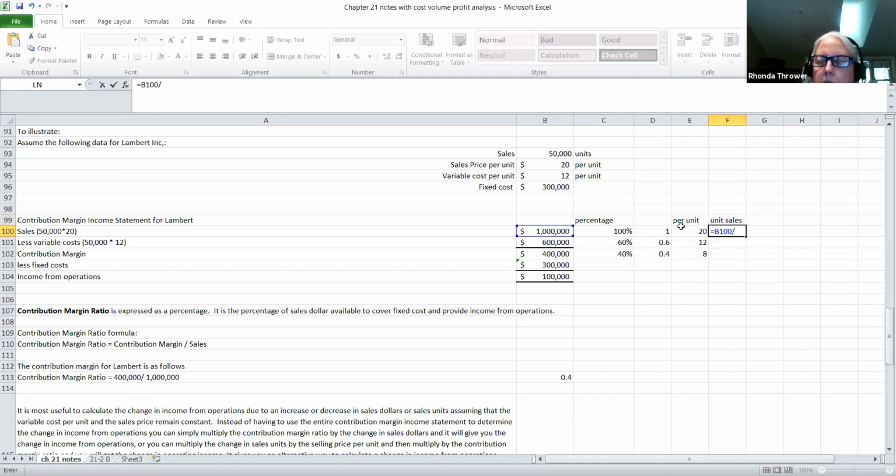That shouldn't be a dollar sign there. That's something Excel does. Let me see if I can get that dollar sign off. I'll just enter it like this. Equals is my formula, and I'm going to put in 1 million without a dollar sign and divide that by $20, which is my selling price per unit.